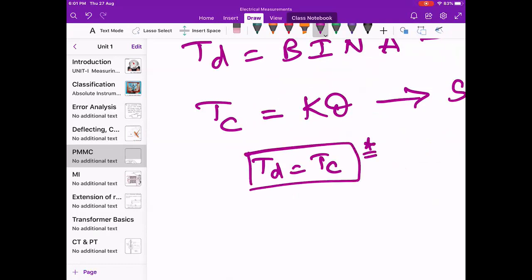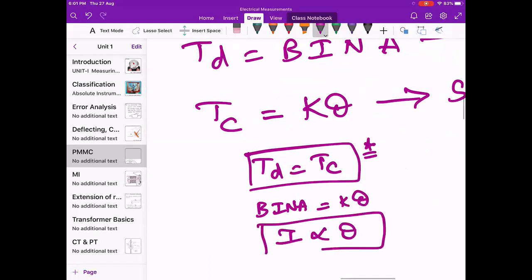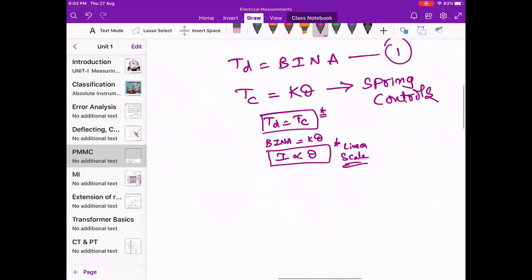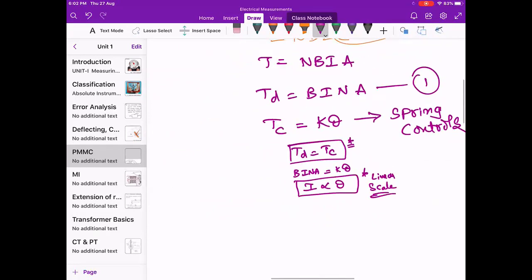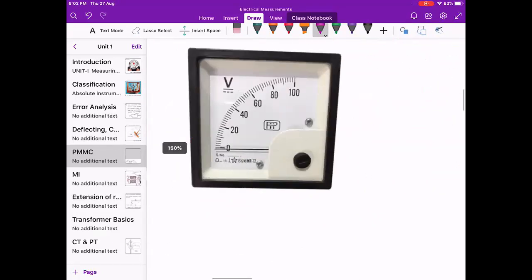You have to substitute TD and TC, BANI is equal to K theta. Now the current you have to measure is proportional to theta. Okay, that's why it is a linear scale. That's why the PMMC device has a linear scale.